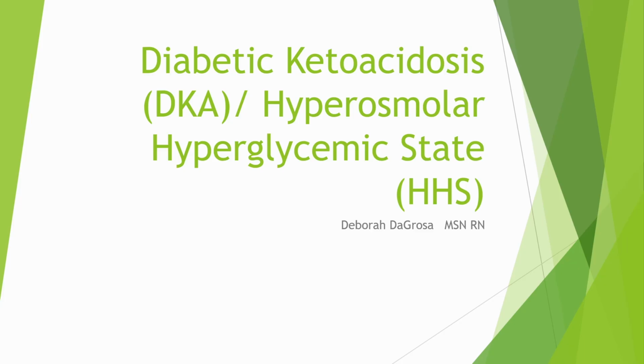And then prevention of diabetic ketoacidosis. We are going to educate the patient on how to monitor their glucose level and to be aware of when that glucose level is rising. And then patient education on the signs and symptoms of DKA, which will resemble that of a diabetic patient.